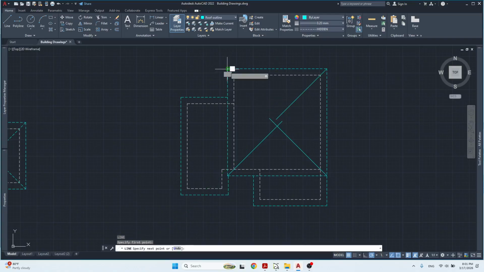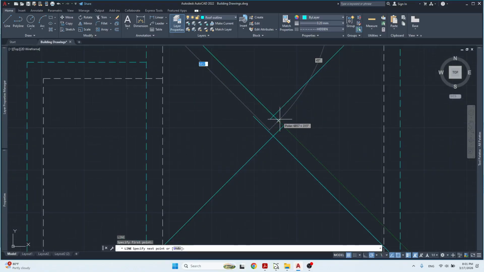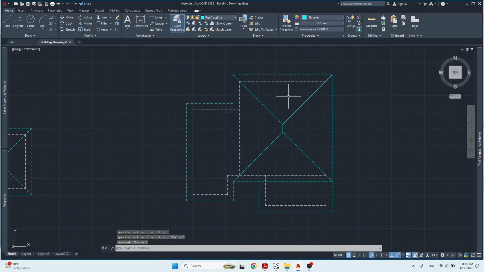Hip rafter like so. All right, and then just trim these up, and I'm going to draw my ridge right there. Okay, so it's kind of like we already have a roof for this section right here.